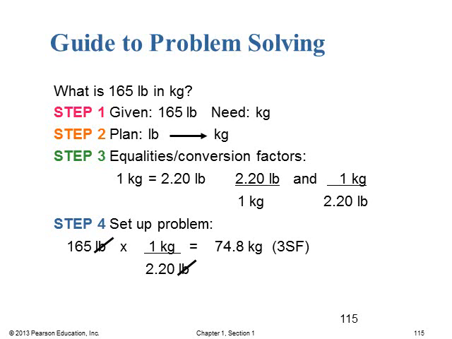And so we set up our two different ratios that we could use, 2.2 pounds over a kilogram or kilogram over 2.2 pounds. Since we need kilograms, our needed unit, in the numerator, we would use the second conversion factor, 1 kilogram over 2.2 pounds. So we set that up, 165 pounds times 1 kilogram over 2.2 pounds, and we get 74.8 kilograms.